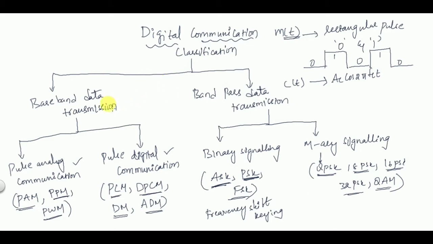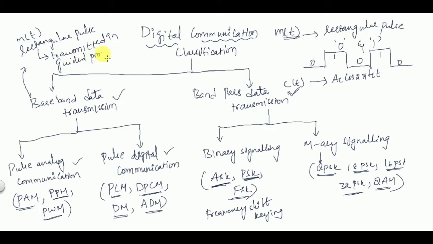So what is the difference between baseband data transmission and bandpass data transmission is, the output of baseband data transmission is a rectangular pulse, m(t), and this rectangular pulse is transmitted in guided propagation, that is through some cables.